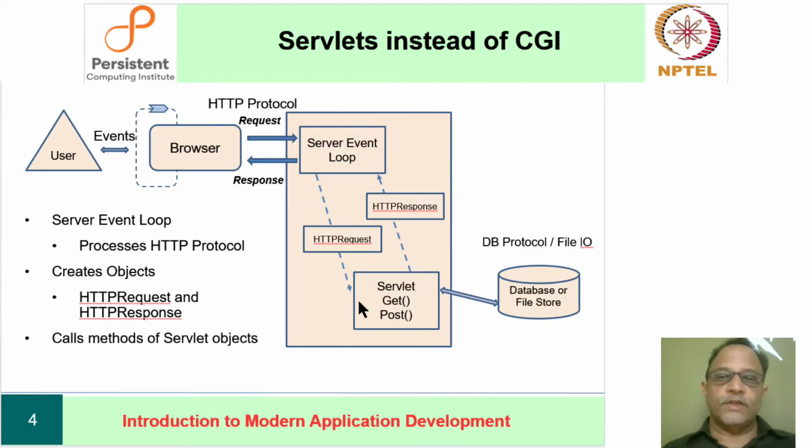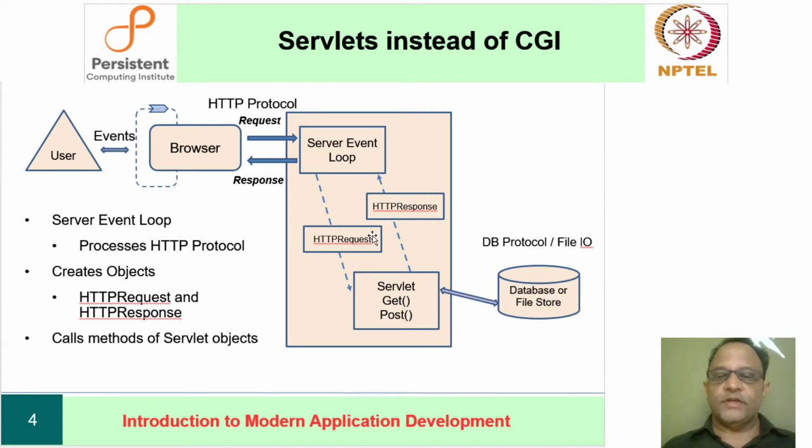The result looks like the following. Here we have, as usual, the user, events, the browser, and the HTTP protocol. However, this time there is an event loop inside the server which listens to the HTTP events, and when it receives some kind of request, it creates an object called an HTTP request.